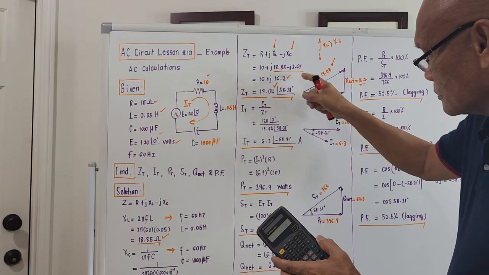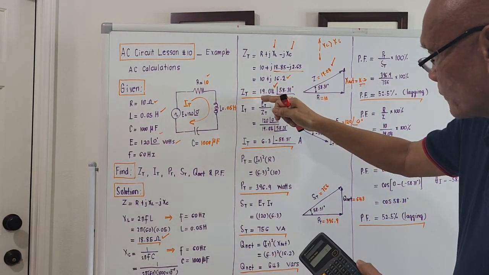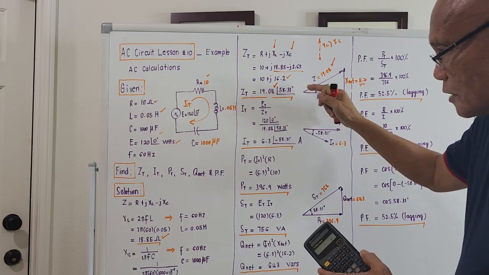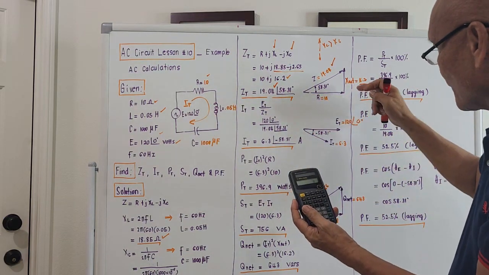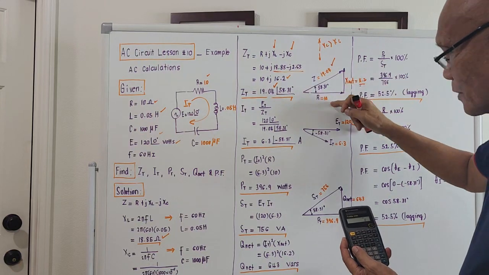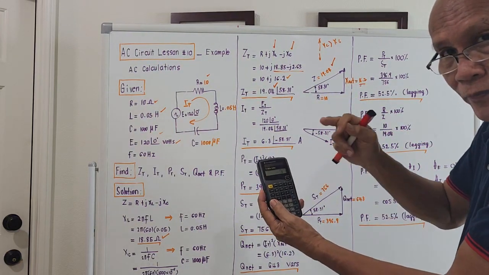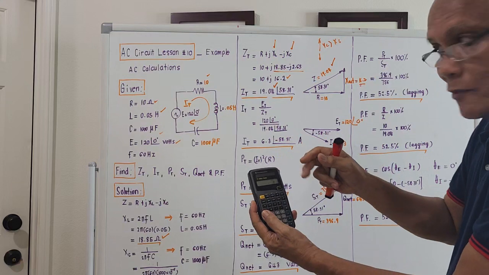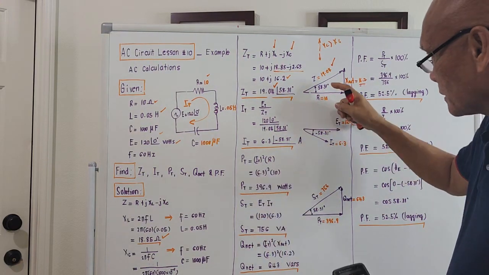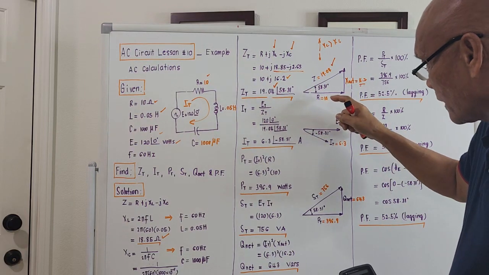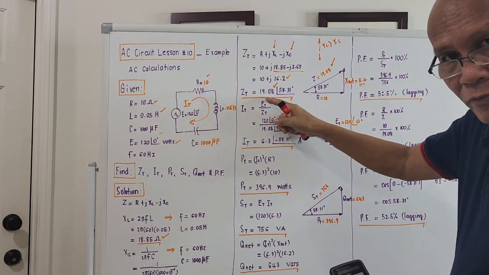If it is 10 plus j16.2, automatically the magnitude will be 19.04 at 58.31 degrees. Meaning to say, you perform the ratio 16.2 over 10 on your calculator, take the arctangent, and what will come out is 58.31 degrees. First solution, take the cosine and divide 10 by it, and it should be 19.04.